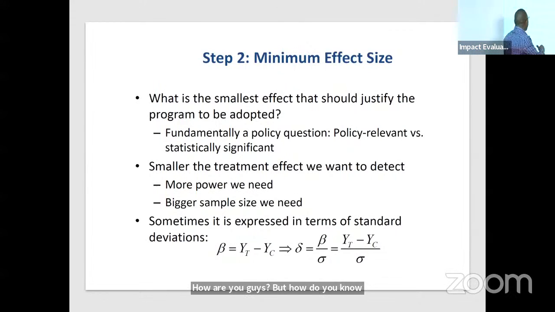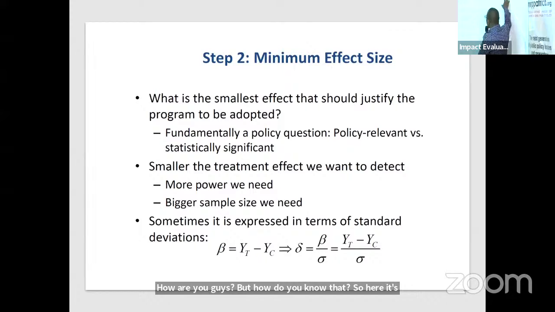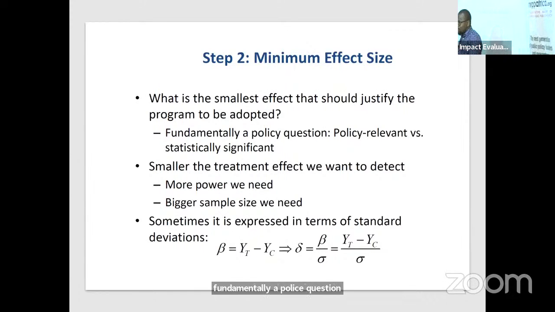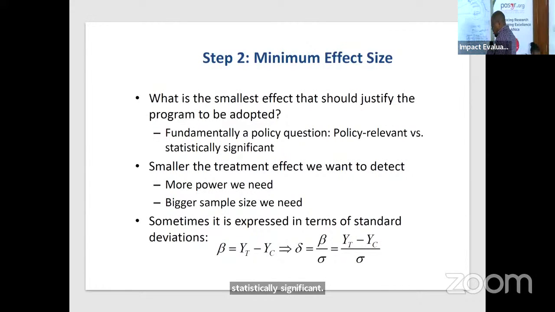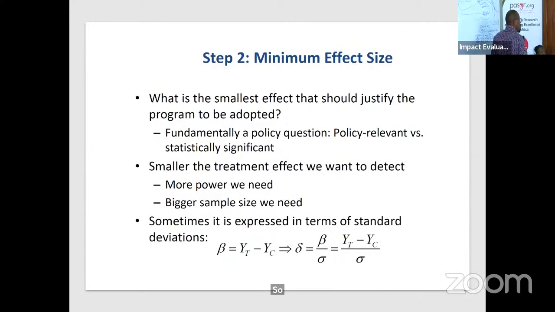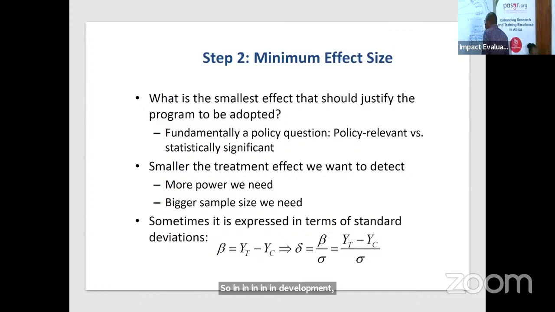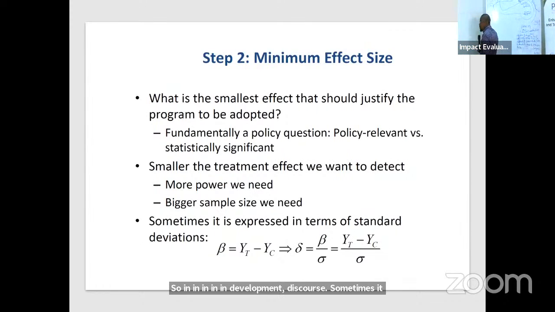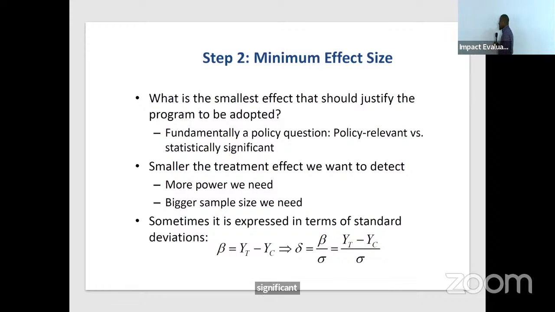But how do you know that? So here it's fundamentally a policy question. Policy relevant or statistically significant? So in development discourse, sometimes it might be policy relevant, but it is not statistically significant. And in other cases, it can be statistically significant, but it's policy irrelevant.